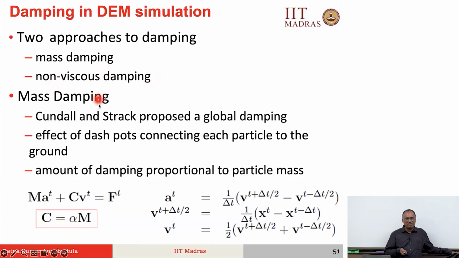If you are looking at mass damping, your damping coefficient is proportional to the mass of the system, and the C is a dashpot, isn't it, a spring dashpot system. So the dashpot connecting to each particle accounts for the damping between the particle contact.